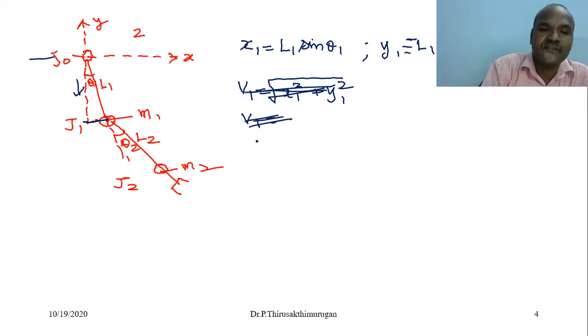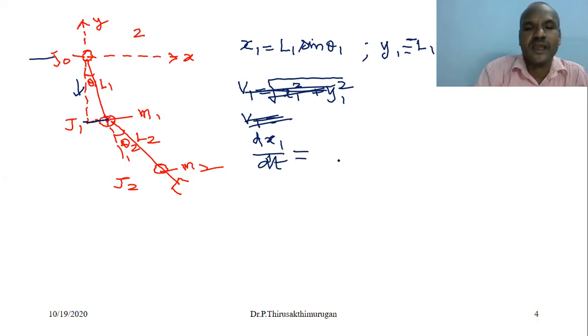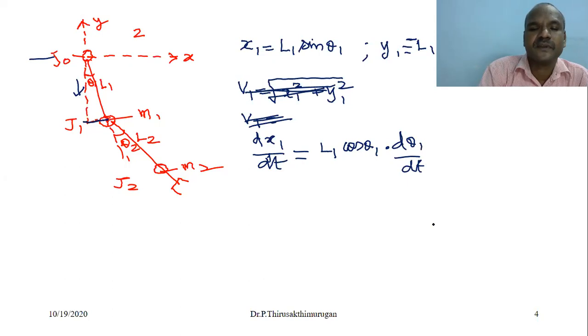So first find the velocity. So dx1 by dt is the velocity of the x1 coordinate. What do you get? L1 cos theta 1 into d theta 1 by dt.